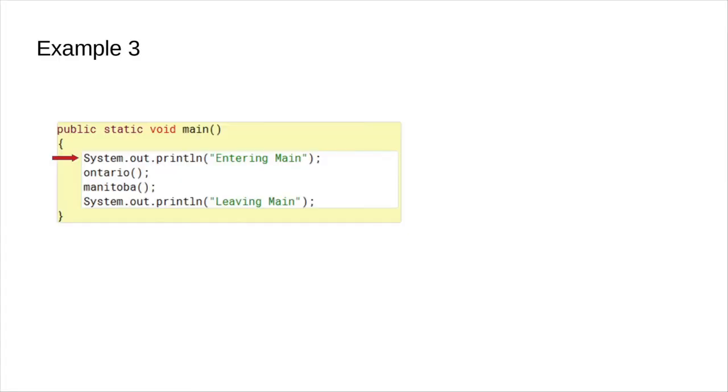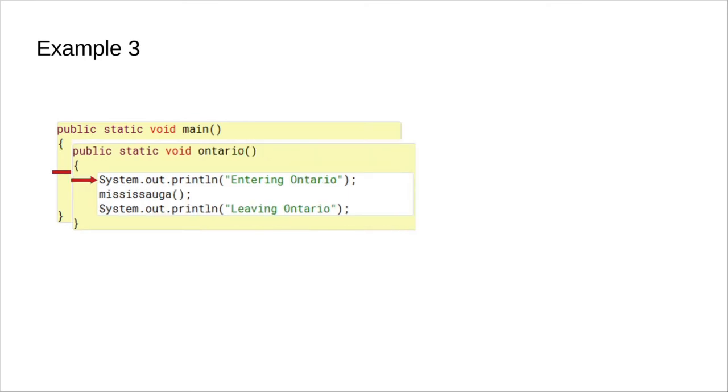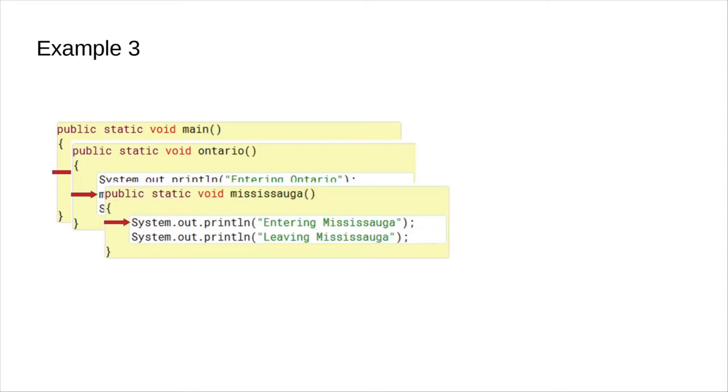Here's a more complicated example. So when we invoke the Ontario method, we see another method invocation called Mississauga, and we invoke that method, and we see this layering effect where we're stacking methods on top of each other, and we're completing the method that is on the top of the stack. So now we're in the Mississauga method.